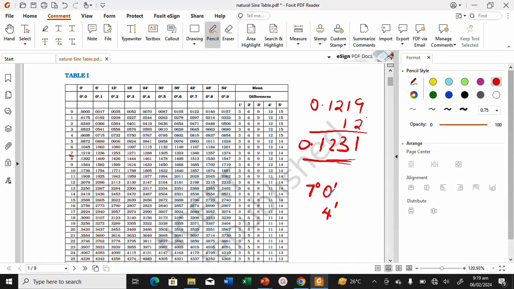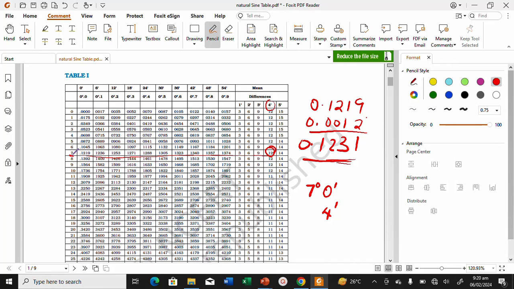So if you add this 4 minutes, coming down, this is 12, but this is 0.0012.